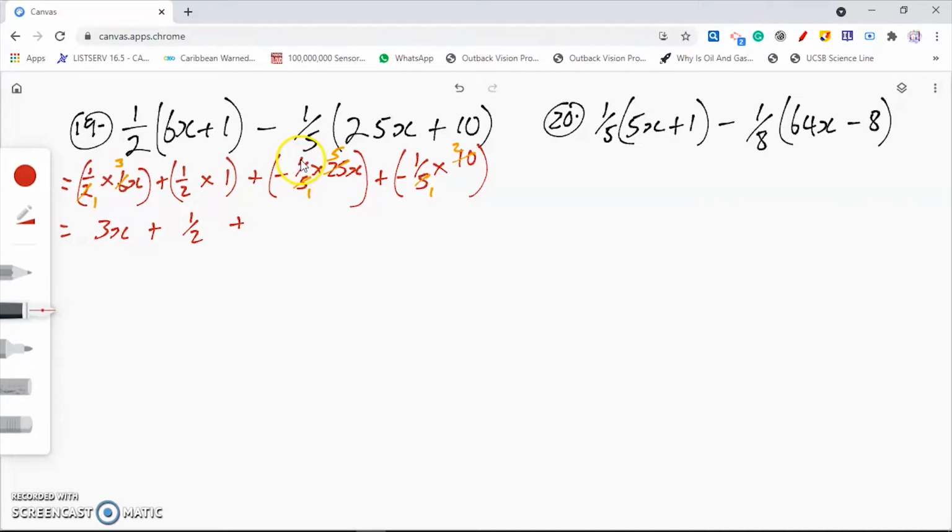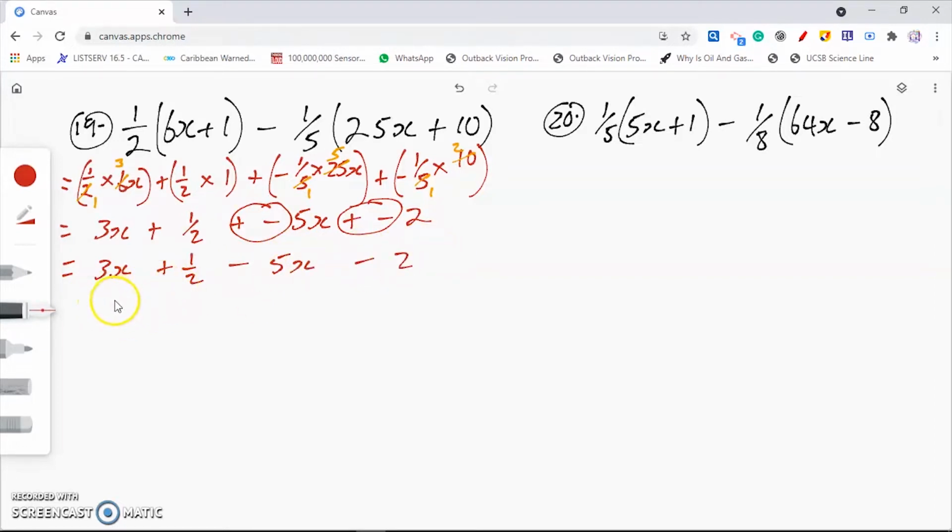And a negative 1 times 5x is negative 5x. Good. Plus negative 1 times 2 is negative 2. We need to simplify because we have these double signs here. So we will get 3x plus half minus 5x, minus 2.